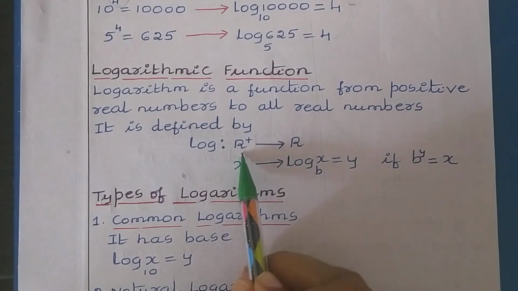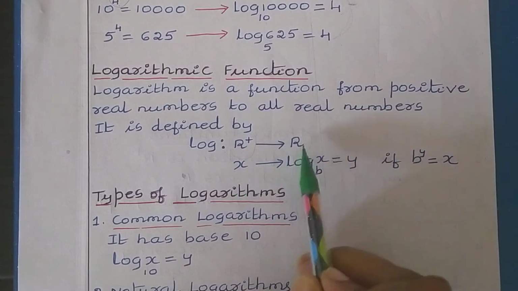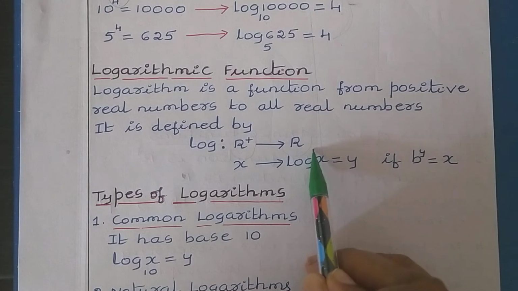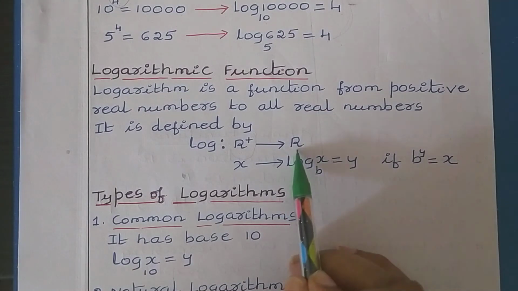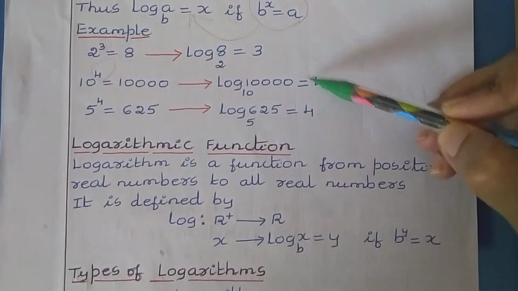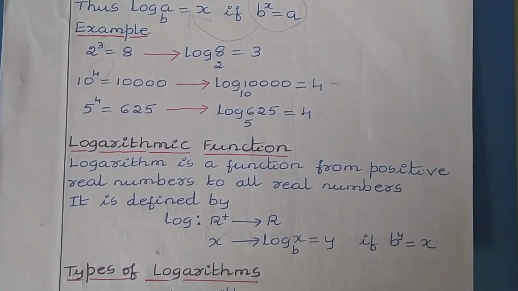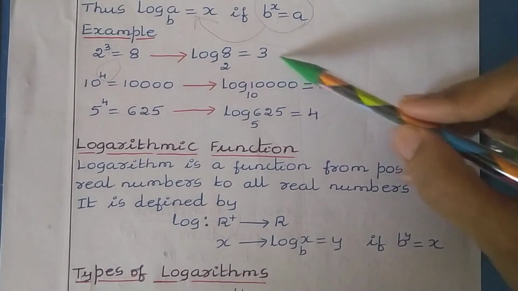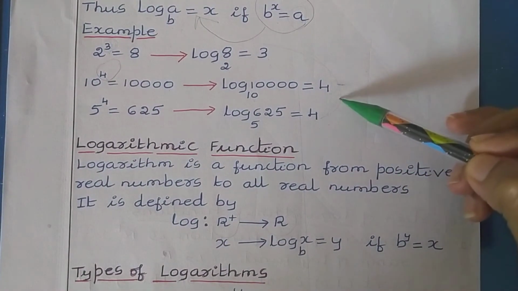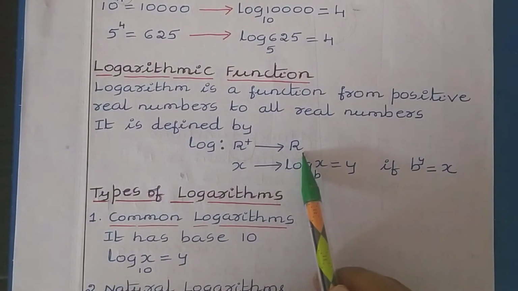Here domain is nothing but the positive real numbers and range is the set of real numbers. As here the range or output for this logarithm function is nothing but the power value, and we can get negative numbers, positive numbers, all kinds of numbers as a power value. So real numbers are the range of this function.